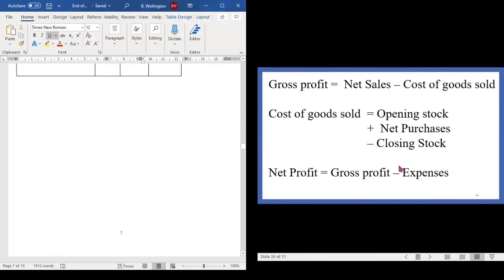Your gross profit is calculated by subtracting the cost of sales from net sales. How do you arrive at the cost of sales or cost of goods sold? You add your opening stock to your net purchases to arrive at the goods available for sale, and then you subtract your closing stock. That gives you the cost of the goods that were sold. And to arrive at your net profit, you're going to subtract your expenses from the gross profit.